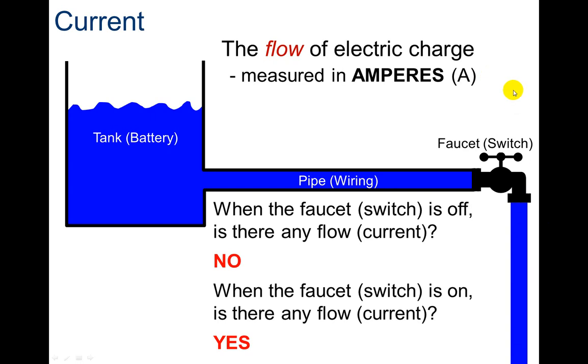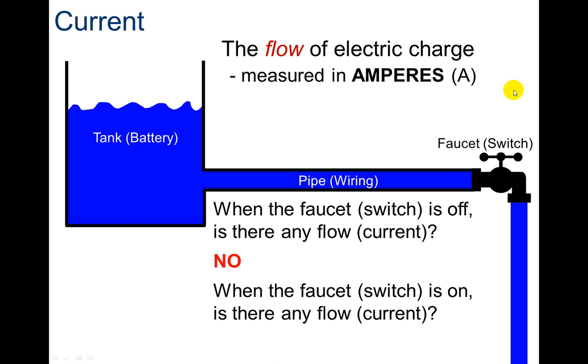Just like with the battery, if I was to break that wire or put a switch on it and open that wire up, it's not going to move. Those electrons are going to stay because on the other side, the positive is no longer attracting them, so it just stops. Yes, there's still pressure there.